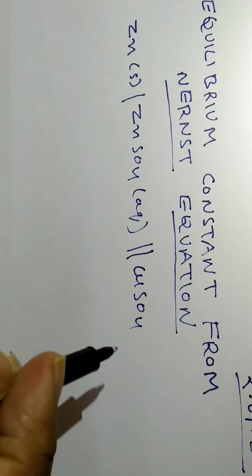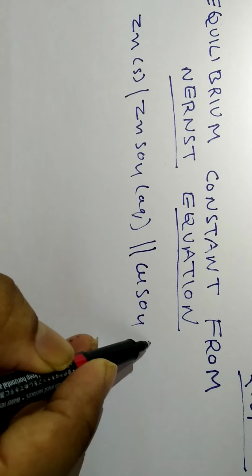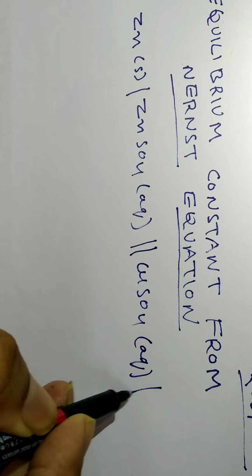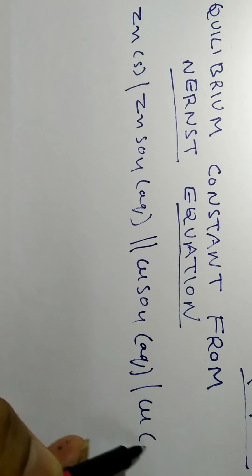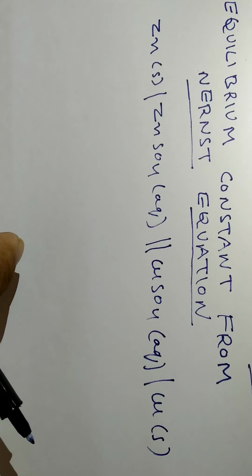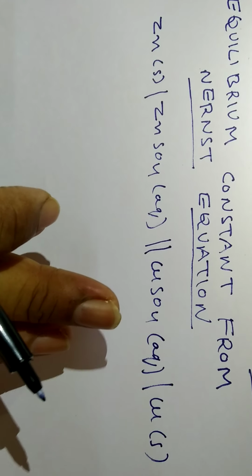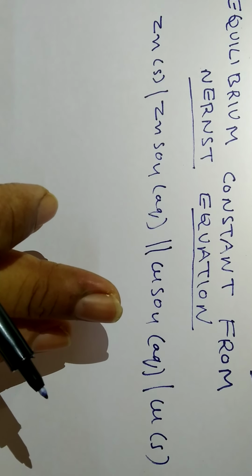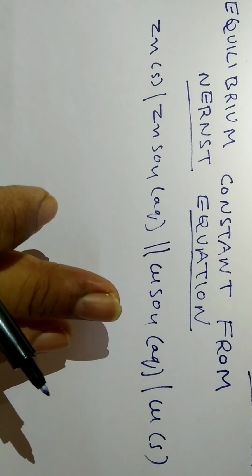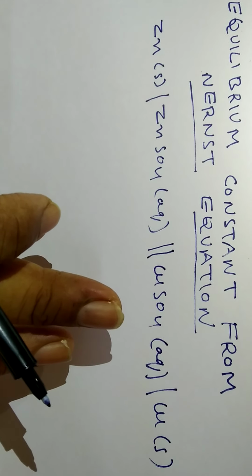When I say salt bridge, immediately its function comes to your mind. Okay, this again is a phase separation. In this cell, we have already discussed that electrons flow from zinc to copper in the external circuit, whereas the following phenomena take place in the internal circuit.